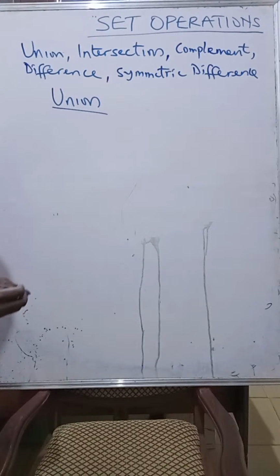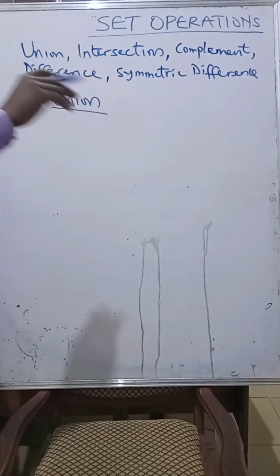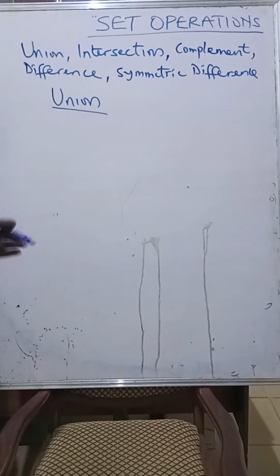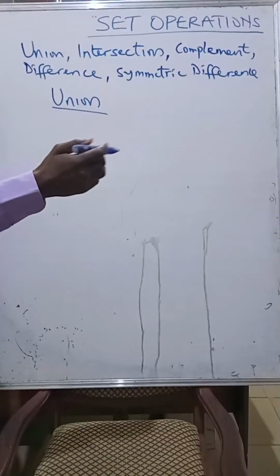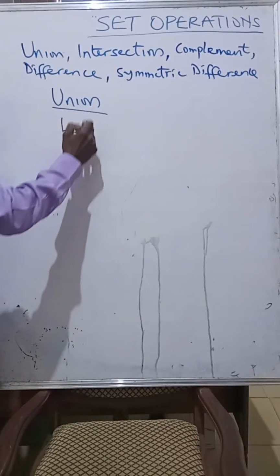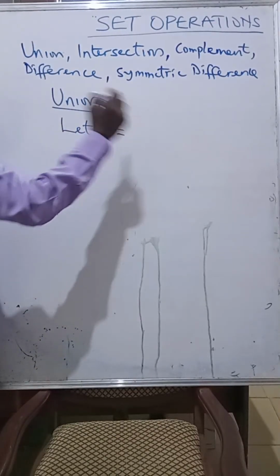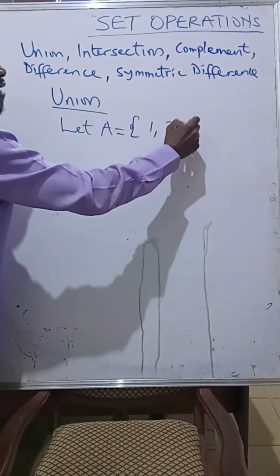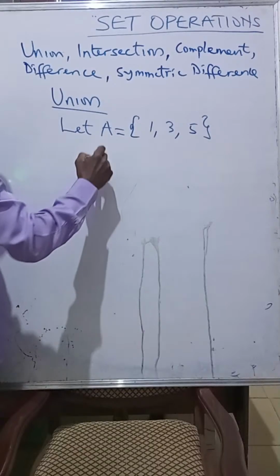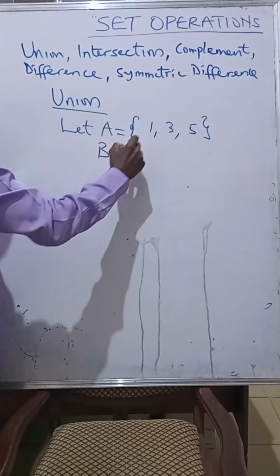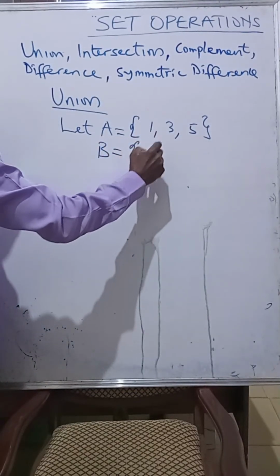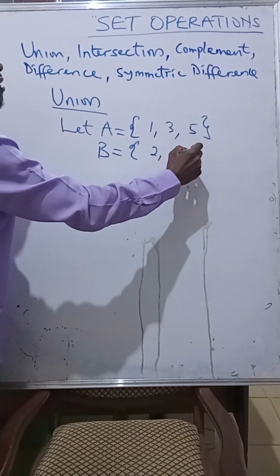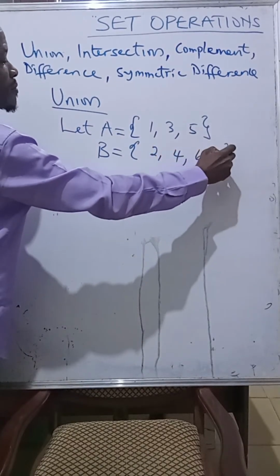Union is the combination of two sets. Let's imagine set A is the set of 1, 3, 5. Let set B be the set of 2, 4, 6, 7.